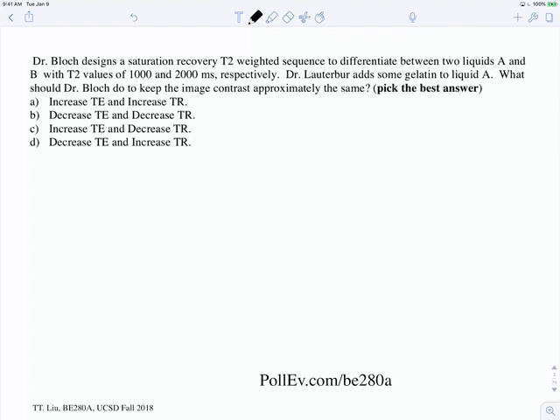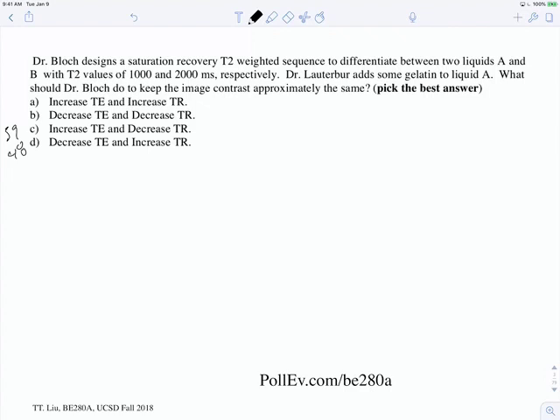Things are still changing quite a bit, but it's clear the two most popular answers are C and D. So this got 39%, and this has 48%. Okay? And these are basically diametrically opposite answers, right? I mean, it's like we're at chance now, right? Okay. So let's take a look at this and see if we can figure out which one of those two it should be, or maybe it's A and B, okay?